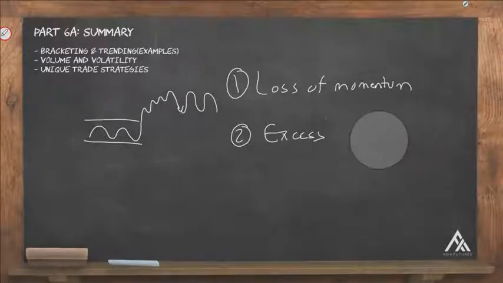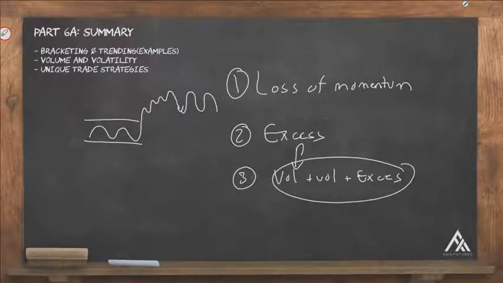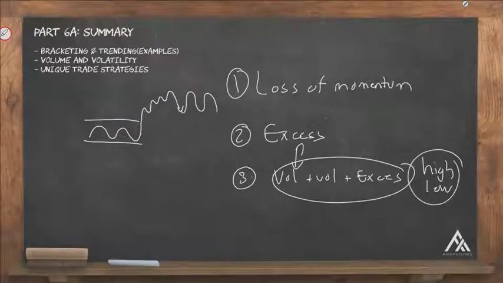And then we moved on and we spoke about the most aggressive, which is also a form of excess, but it includes volume, volatility, and a very excessive price. So that was the major difference between excess and the major excess. Now, the key that we identified with major excess examples is that these tend to act as very good high and low swing points for some period of time.